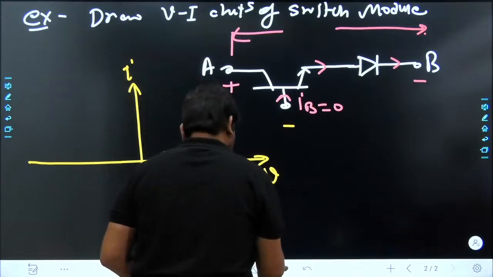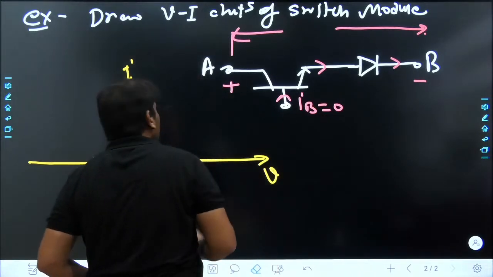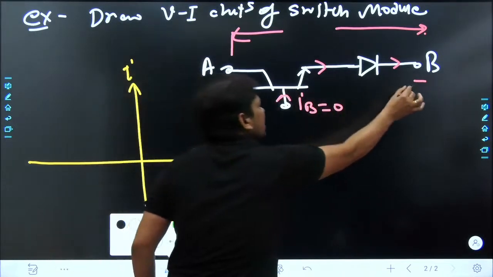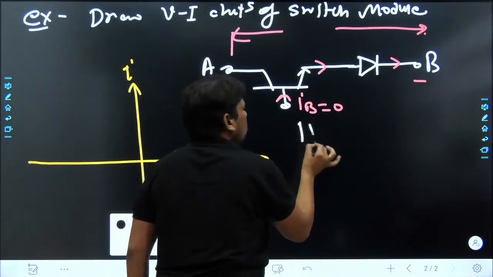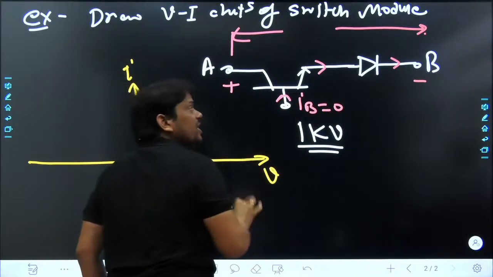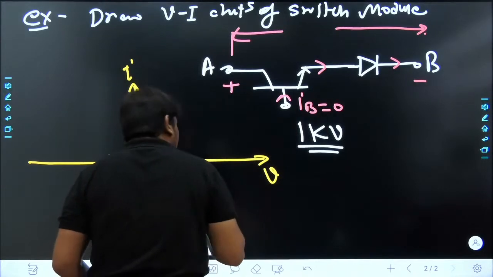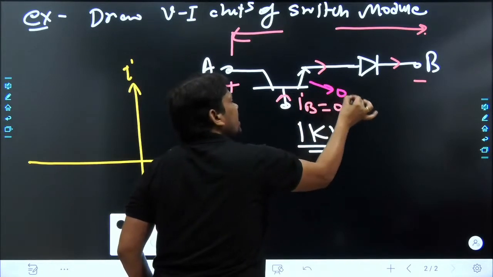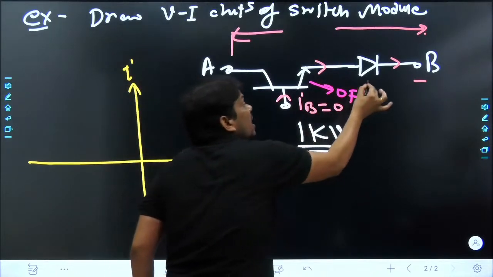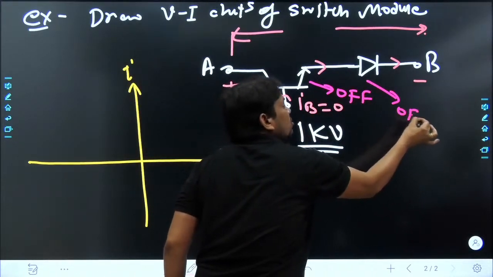Let us assume, for the time being, we apply some voltage across terminals A and B, something like 1 kV, and we are not providing base current, so our BJT is guaranteed off. In this case, if the BJT is off, the diode is also off.